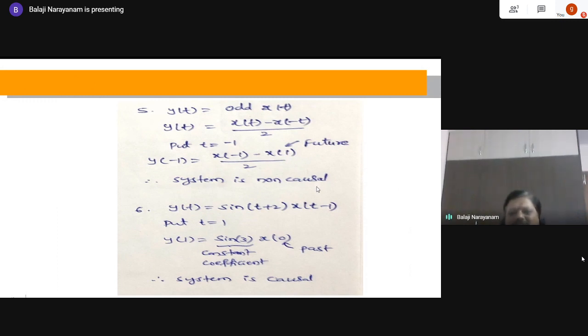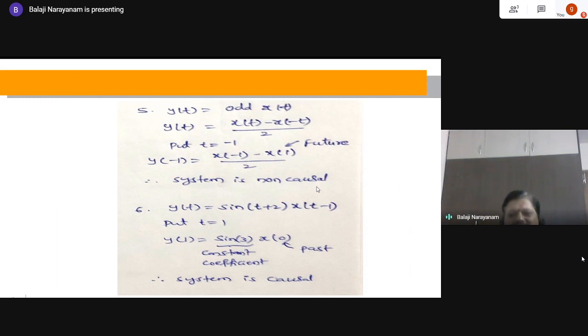And now the sixth question. Y of t is equal to sine of t plus 2 multiplied with x of t minus 1. Now, if you substitute the value of t as 1, you may observe that y of 1 is equal to sine of 3 times x of 0, since 1 minus 1 results in x of 0.